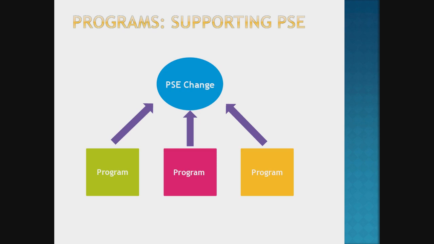Programs can be used to support other types of changes, such as policy, systems, or environmental changes. We feel that they're most effective when they're connected to one of these other types of changes. For example, if a community passed a policy that all residents will receive curbside recycling pickup, they might also hold a series of seminars around what things can be recycled and how best to collect recycling in the home.